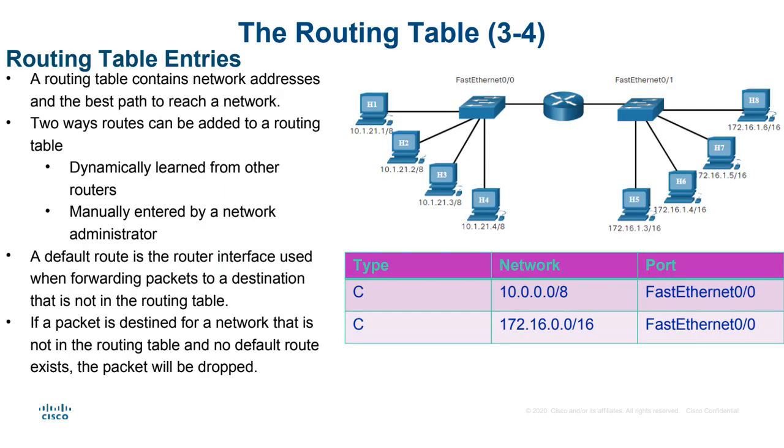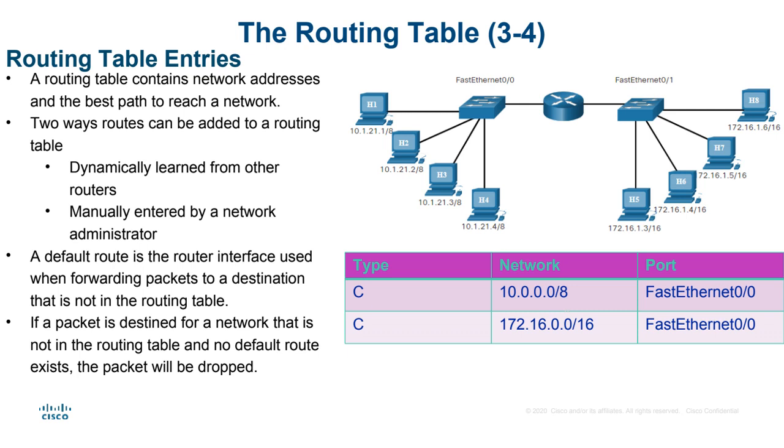So these are the routing table entries. The routing table contains network addresses and the best path to reach a network. There are two ways routes can be added to a routing table: dynamically learned, and manually. Dynamically, this is learned from other routers, and manually, it's entered by the administrator. It's very important.